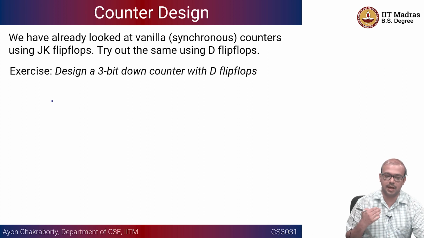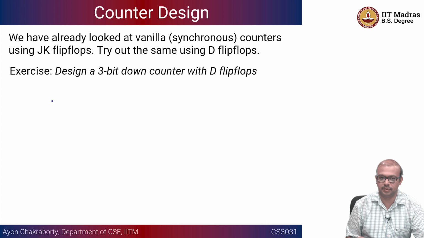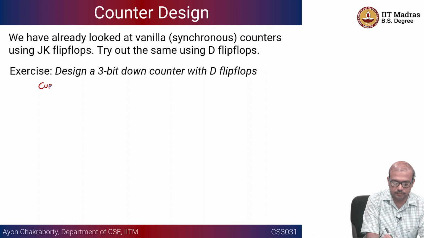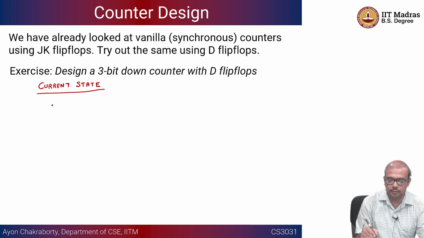If I am in a certain state X, what should be the next X? So let us write down that I should have a part of the table that encodes my current state. Current state. And this current state has to be encoded. We will come to that.